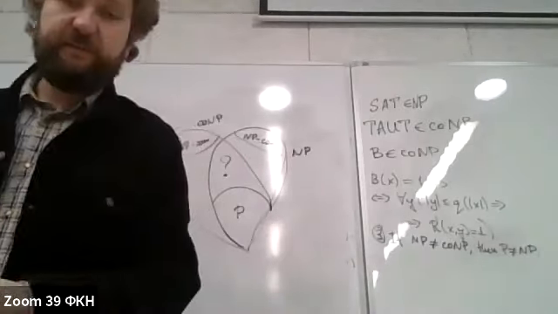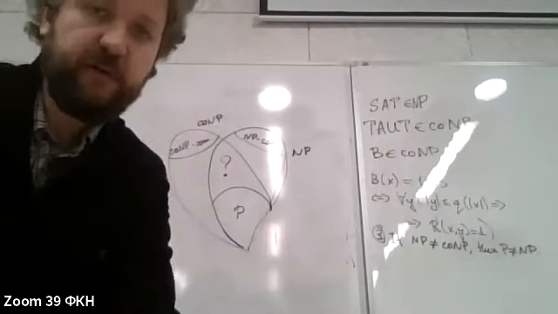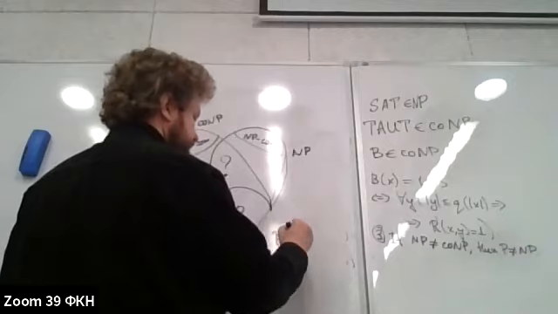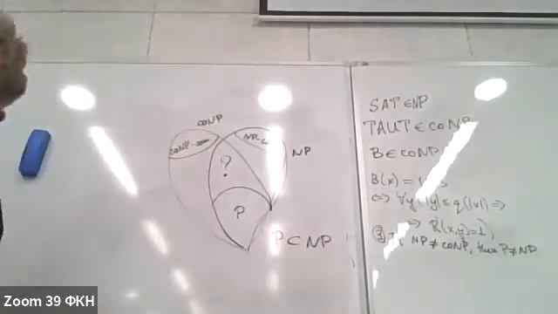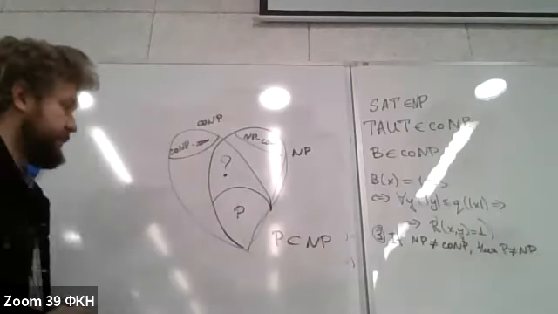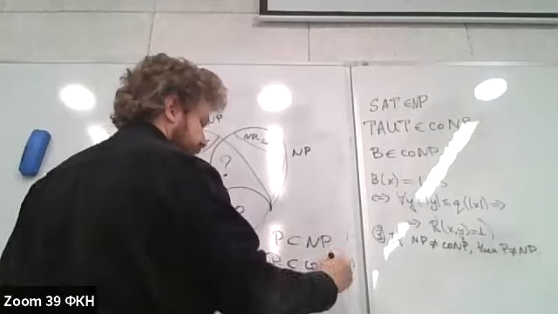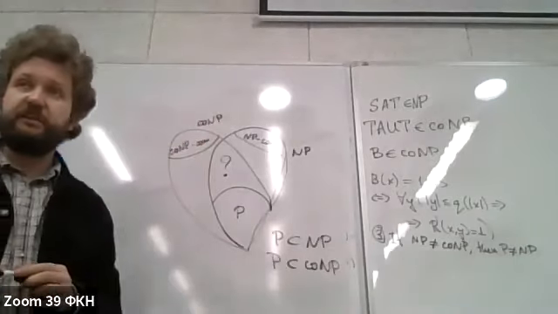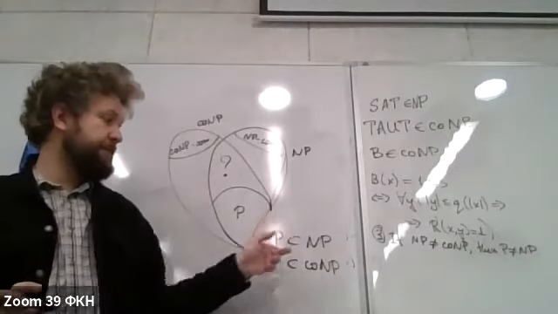What is easy? The easy thing is that P is a subset of NP. We know that, right? Also, P is a subset of co-NP, just because P is closed under complementation. If you have a complement of a polynomial question, it's also polynomial.